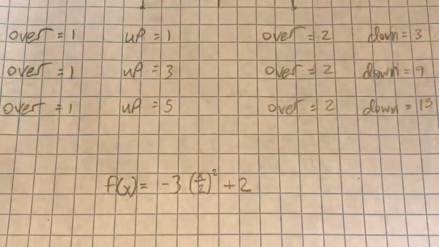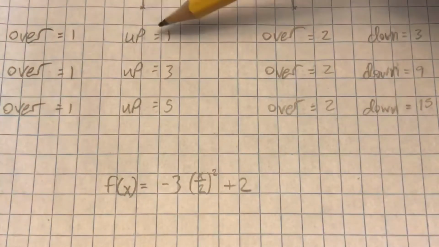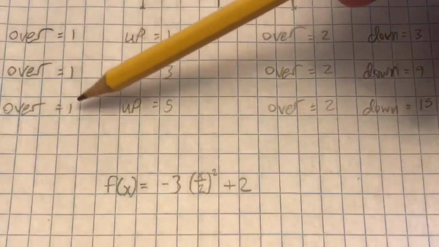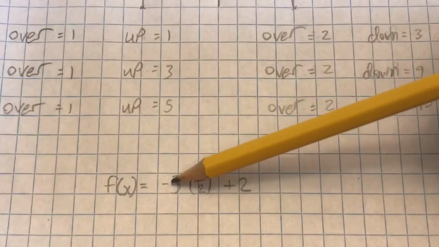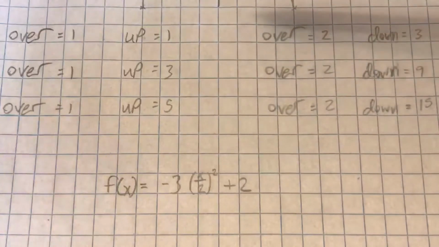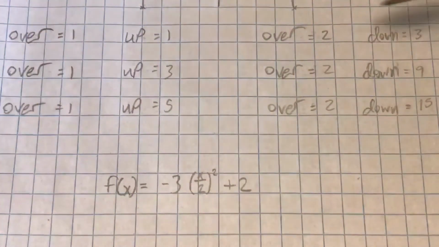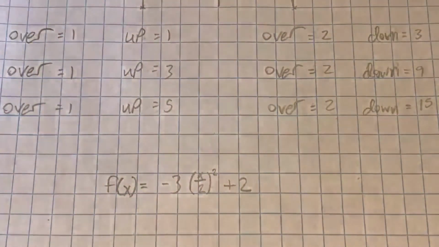In the parent quadratic function, we can see it goes over 1, up 1, over 1, up 3, over 1, up 5. In our new equation, this minus makes a vertical reflection, and this 3 is a vertical dilation. This is seen when we go, instead of up 1, down 3, because 1 times 3 is 3, and it goes down because of the reflection.